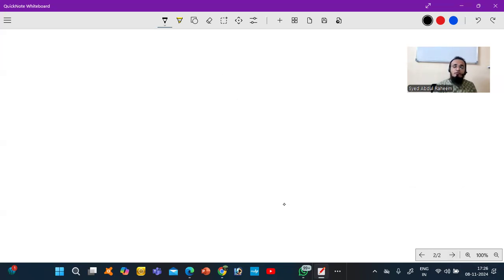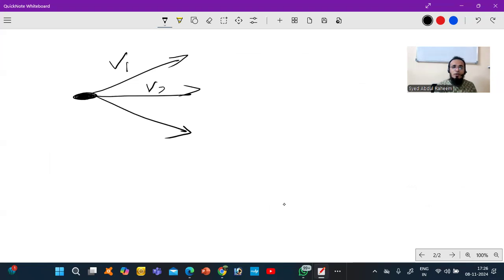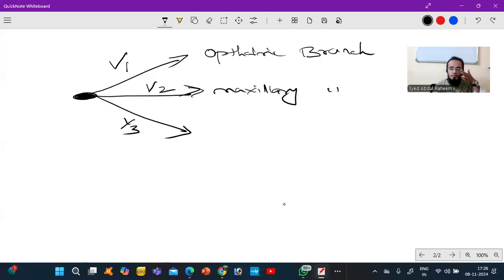So what are the symptoms? Basically, which branch is affected? According to that branch, if you think this is the trigeminal nerve, it has three branches: branch number one, branch number two, branch number three. This is the ophthalmic branch, this is the maxillary branch, and this is the mandibular branch.